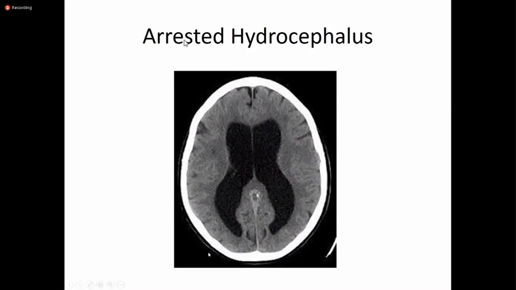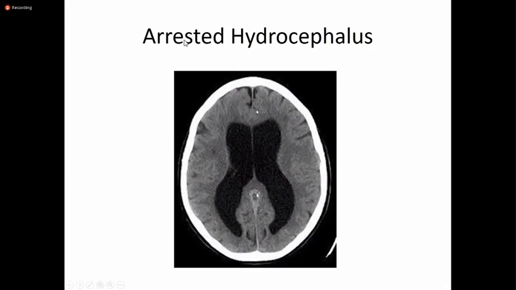But in arrested hydrocephalus, the CT scan looks like hydrocephalus, but clinically the patient is very well. This is known as arrested hydrocephalus, in which the hydrocephalus has been arrested and is not giving any clinical signs and symptoms in that particular patient.